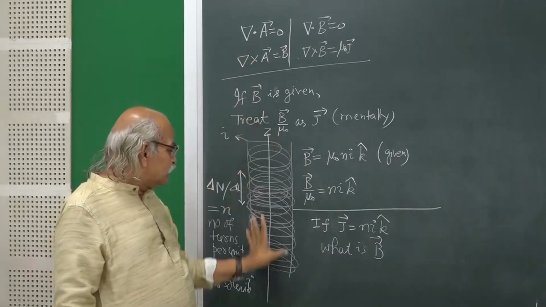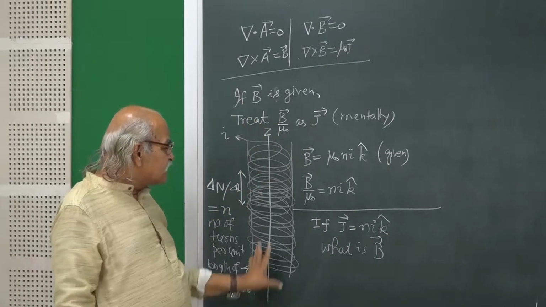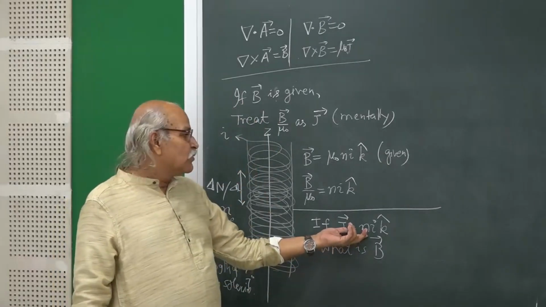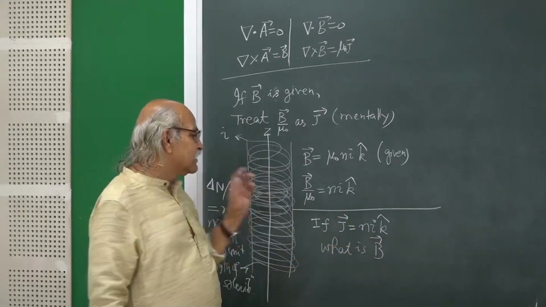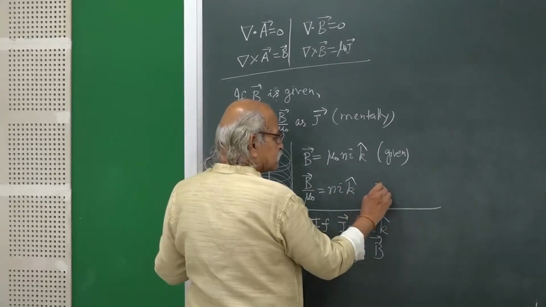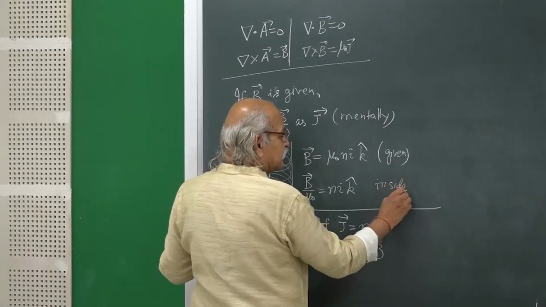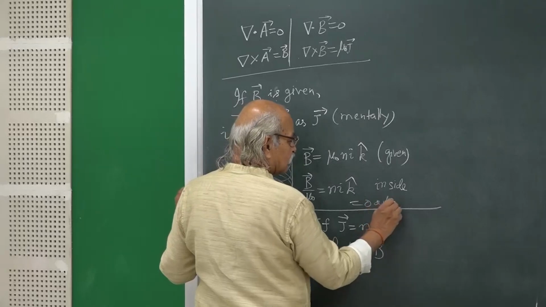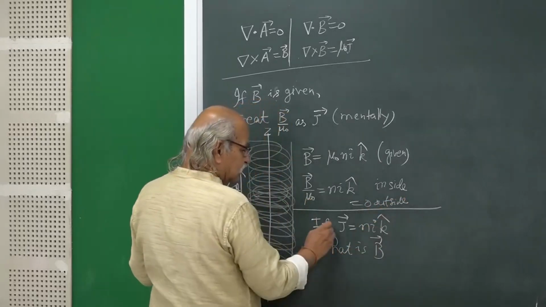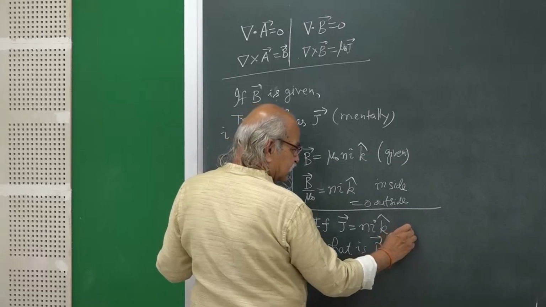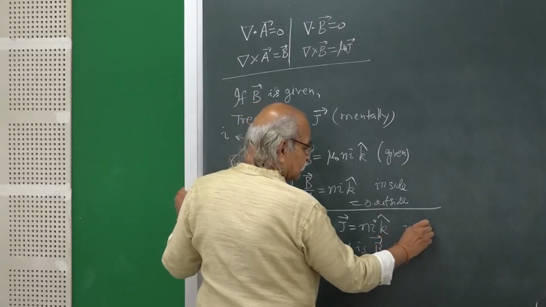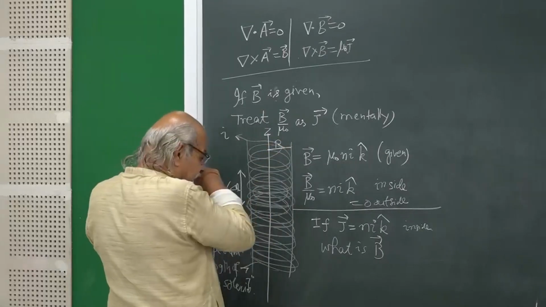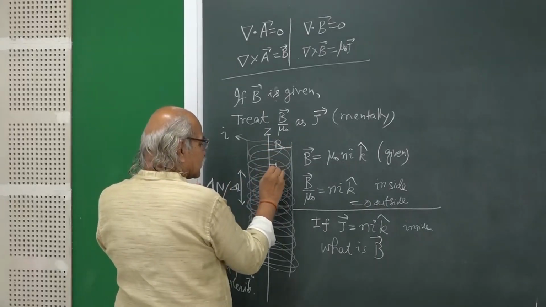Now, inside this volume, if this is J and outside it is 0, remember, outside it is 0. If I write the complete thing, this is inside and it is 0 outside, and hence J is this much for inside. Let us say this radius is r, and then this distance is, let us say, some s.